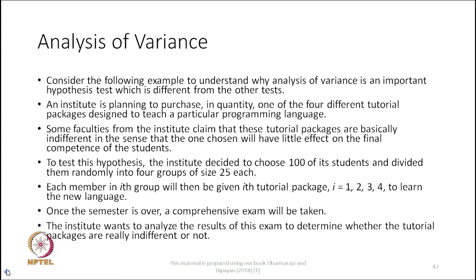To test this hypothesis, the institute decided to choose 100 of its students and divide them randomly into 4 groups of size 25. Each member in the ith group will then be given the ith tutorial package to learn the new language. That means the total sample of 100 students is divided into 4 groups and each group is given a particular tutorial package to learn.